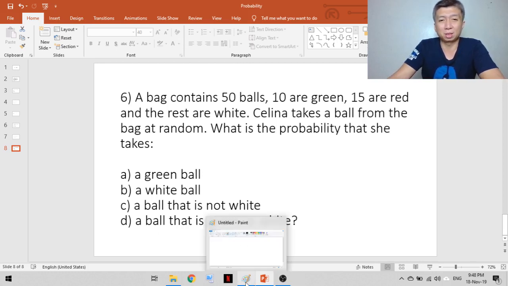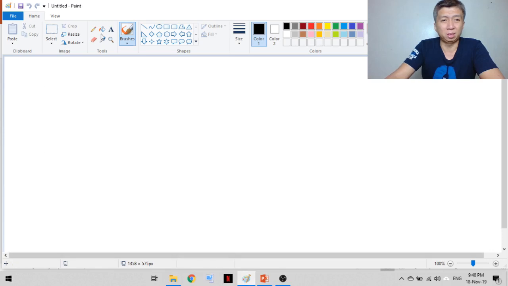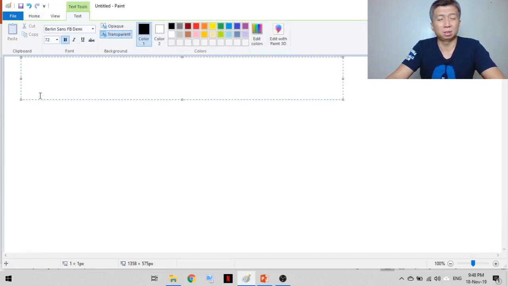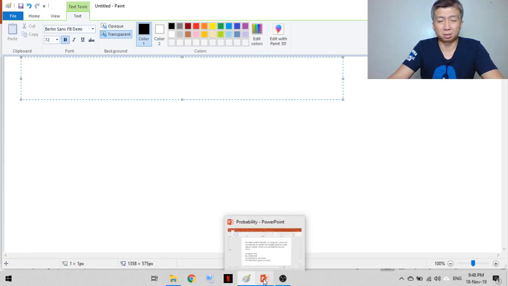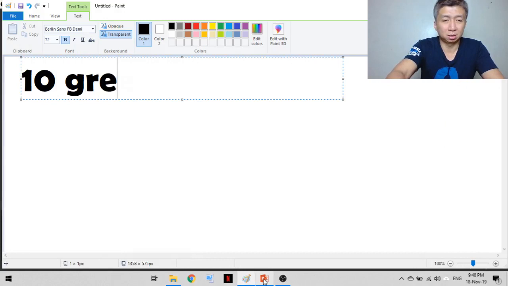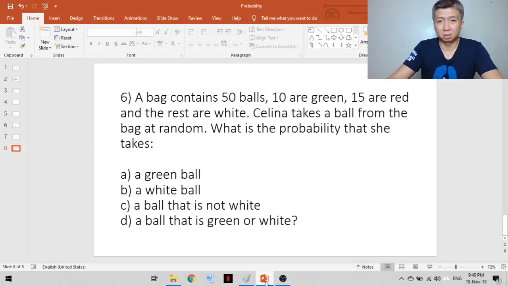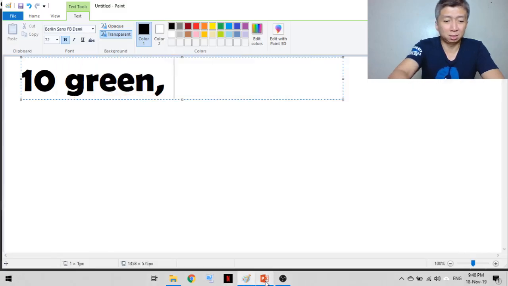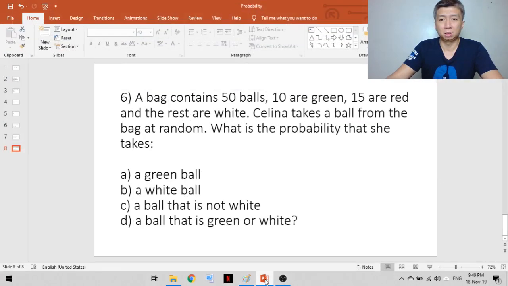Alright. So, sulat muna natin yung mga given. Ilan sila? 10 green. Ano pa? 15 are red. And the rest are white. So, ilan guys yung white sa palagay nyo?